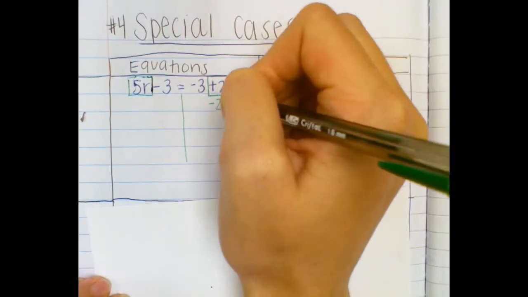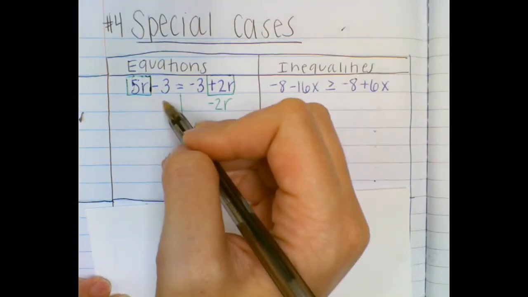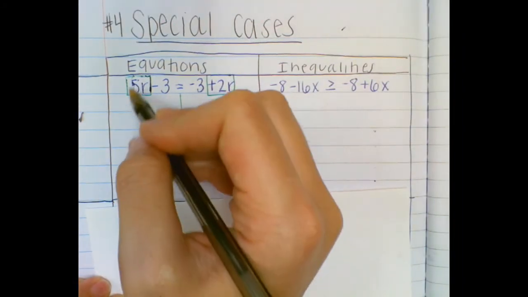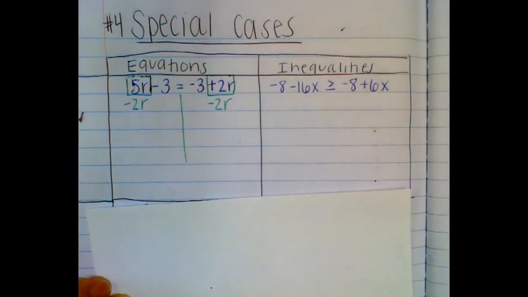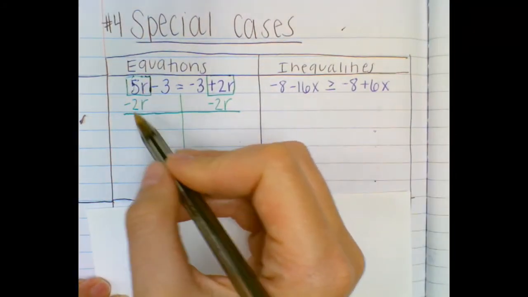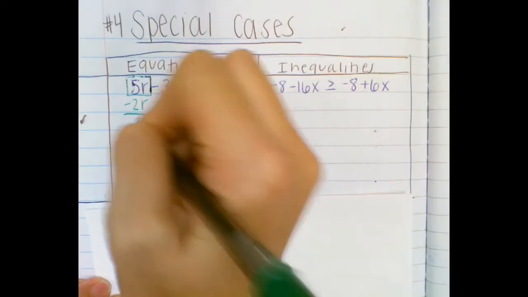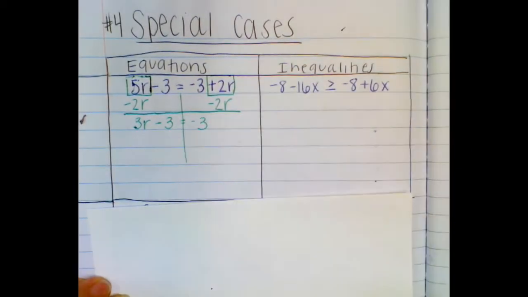So whatever I do to one side, minus 2r, I have to do to the other. Not here, because they're not like terms, with the actual other variable, the same variable r. And I'll draw my line across to keep it nice and neat. So I do 5 minus 2, and I get 3r minus 3 equals -3.